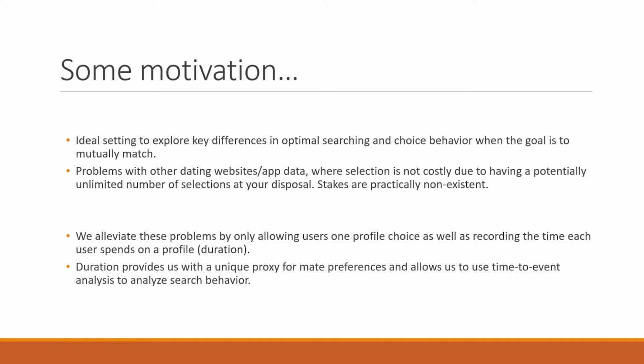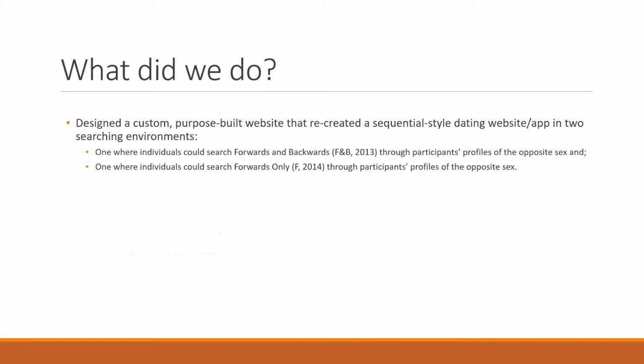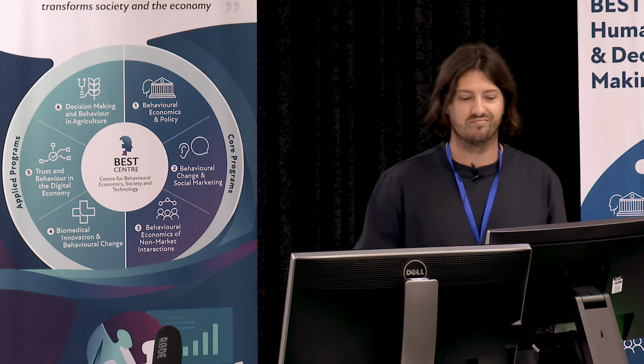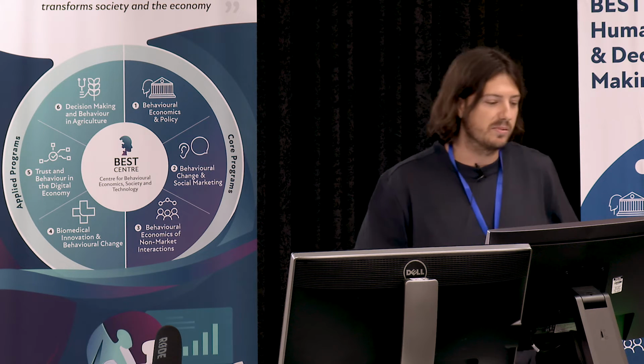So duration provides us with a proxy for mate preferences, and also it allows us to use time to event analysis to analyze the searching process itself, which is fairly new to this kind of mate choice literature. So what did we do? We designed a custom purpose-built website that recreated a sequential style dating website, similar to Tinder or whatever your preference is for dating websites.